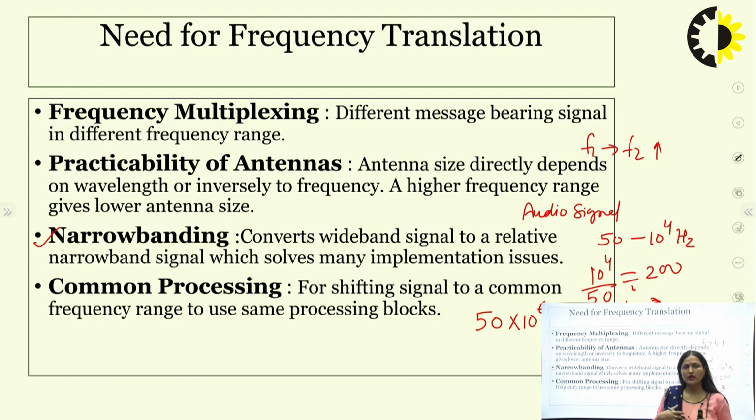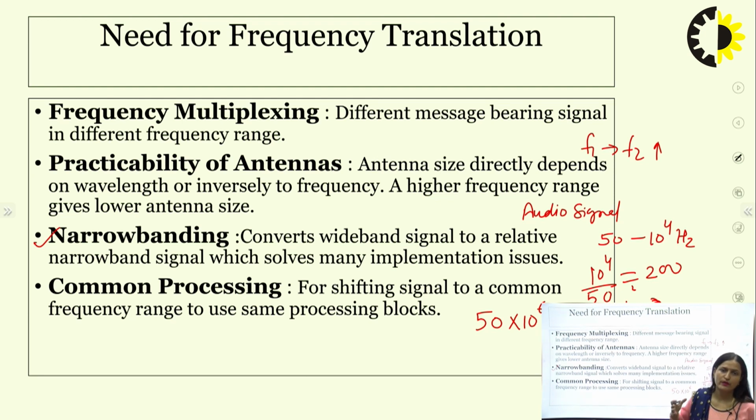So either it will be possible to make a system at all times which will support your frequency, or you will convert your frequency to the level which is supported by the system. So if we have some systems and want to transmit a signal, we will convert the signal into the frequency which is supported by the available system. So this is how we can use a different frequency signal in a common processing system, right?